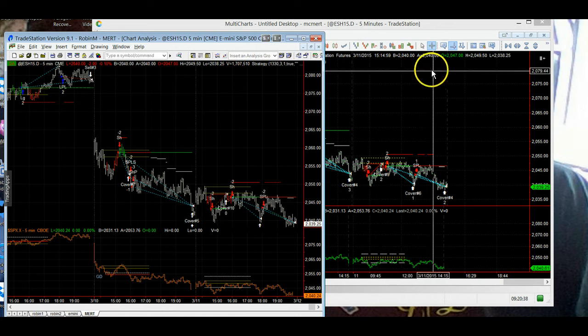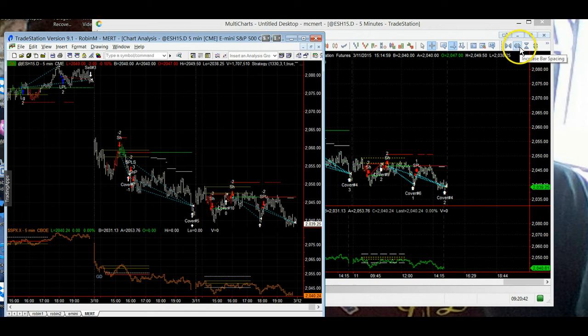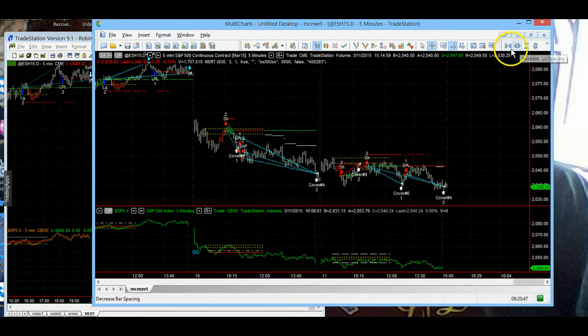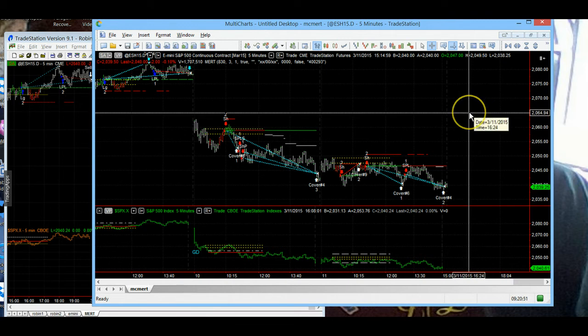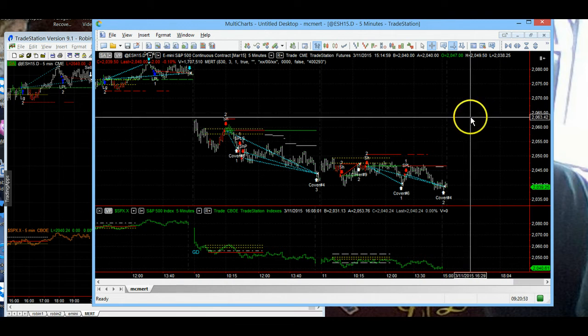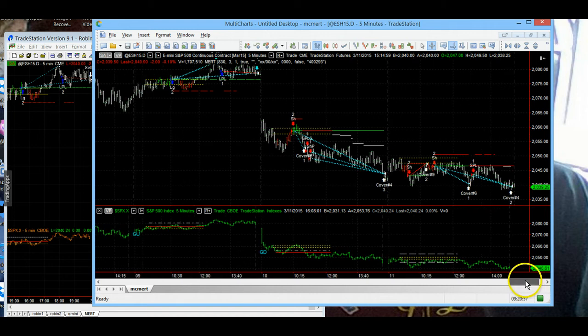Well, I have fantastic news for those people who want to try the software out, but don't really want to fund a TradeStation account. And the good news is that the software has now been made to work with multi-charts.